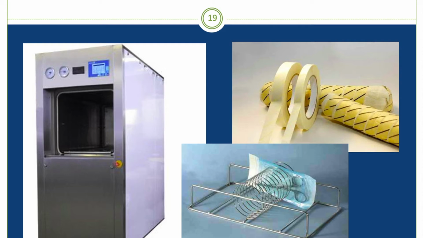The autoclave tape works by changing color after it's exposed to temperatures that are commonly used in sterilization. So typically at 121 degrees Celsius in a steam autoclave, you're going to see a change in the color of this tape, and that will indicate to you that it's been in there for enough period of time for the contents to be sterilized.